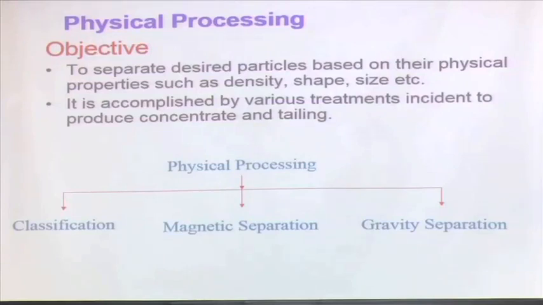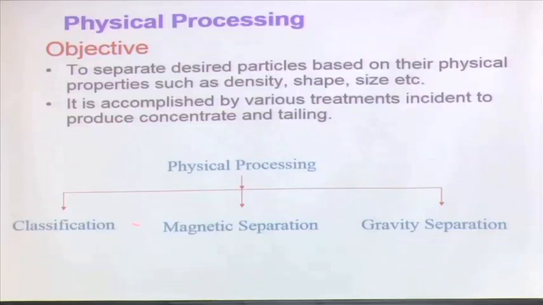Can I use a screen? Imagine what the surface area requirement will be, the land requirement, the cost of my screens. So, there we again use the principles of fluid mechanics to separate them. We will discuss that issue in detail in subsequent lectures.